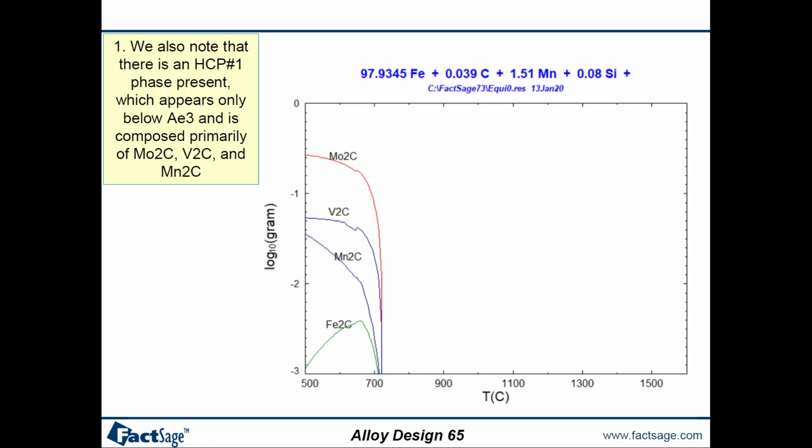Also, if we draw a similar diagram for the HCP#1 phase, we can see that this phase appears below the A3 temperature, and it is composed primarily of molybdenum carbide, vanadium carbide, and manganese carbides.